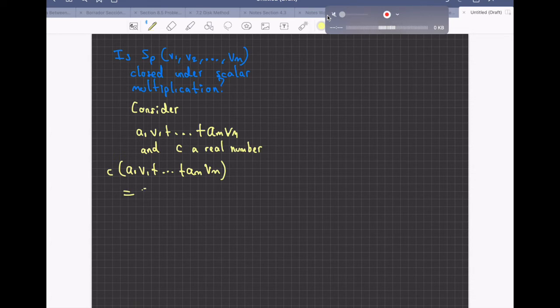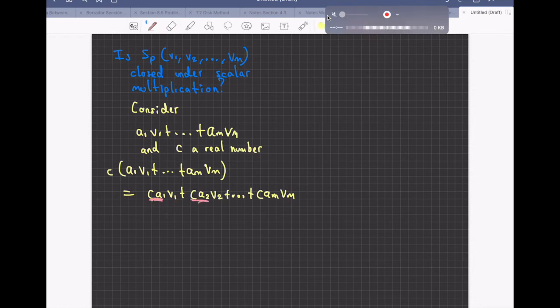So this becomes C A1 B1 plus C A2 B2, and so on, C AM BM.